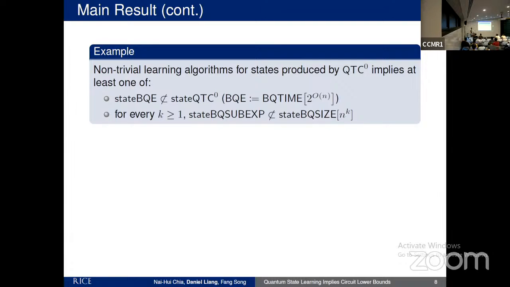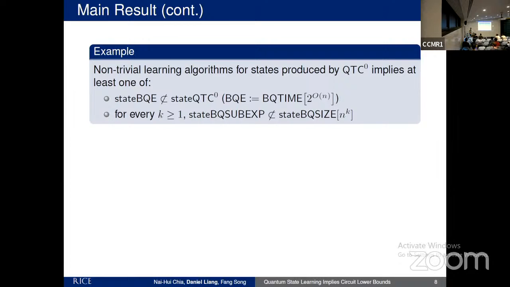Either state BQE, where BQE is exponential linear time, is not contained in state QTC0, or for every k greater than or equal to 1, there's a following separation between state BQ sub x and state BQ size. If you're not familiar with circuit complexity lower bounds, this might not seem that interesting, but showing circuit lower bounds is a very, very hard problem.